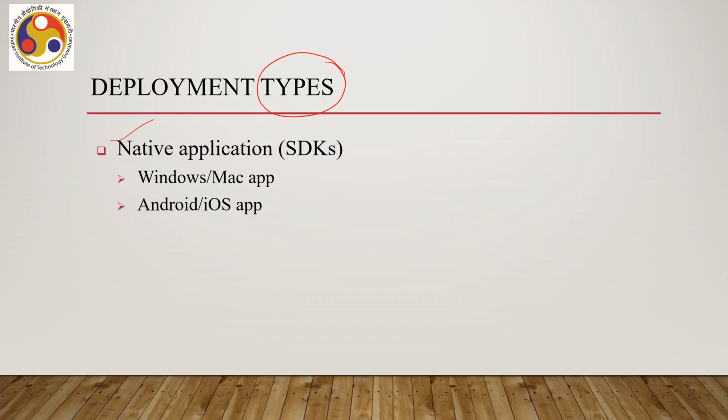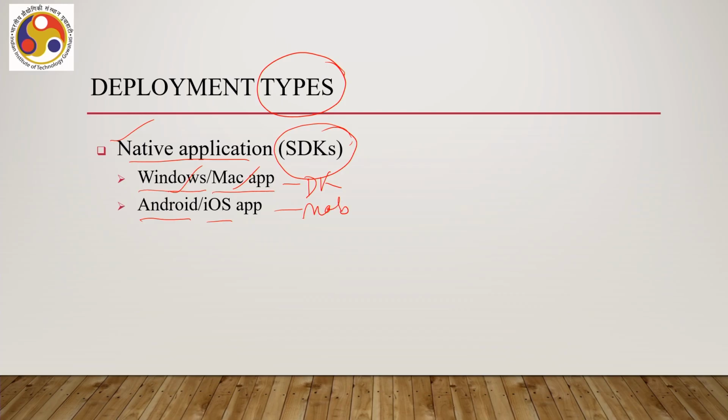One is native application, which requires use of SDKs tailored to the platform and the hardware. When we are talking of platform, typically we refer to the OS plus the hardware: Windows or Mac OS for desktop, whereas Windows, Android and iOS refer to mobile platforms.